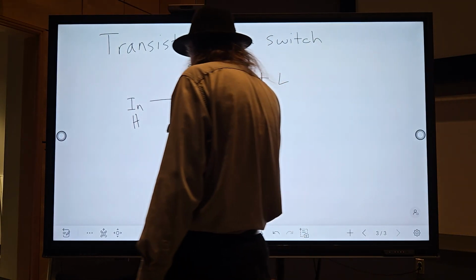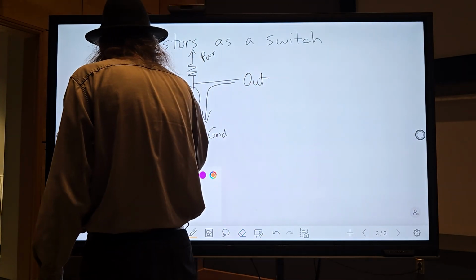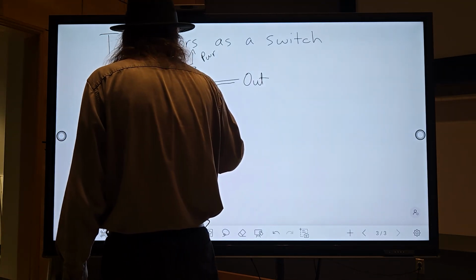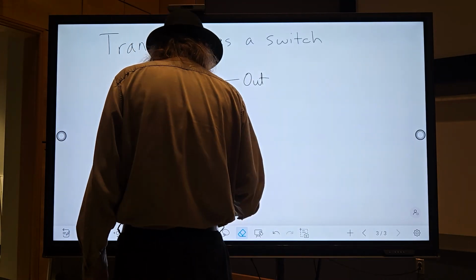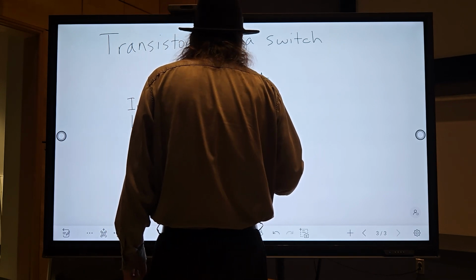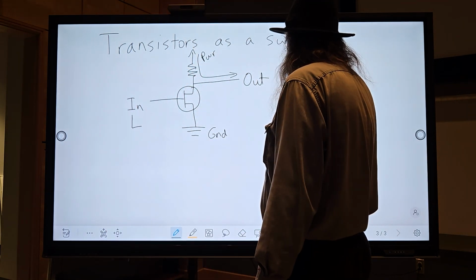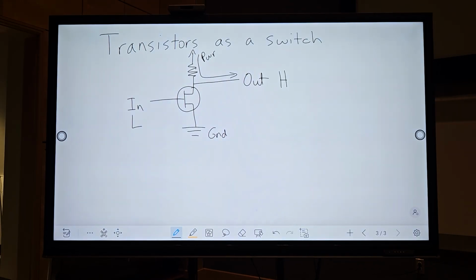By the same token, if you have the low here, the power will go out the out line, making the output high. The transistor is acting like a switch, switching off or on the output signal.